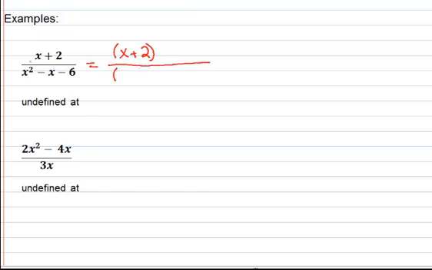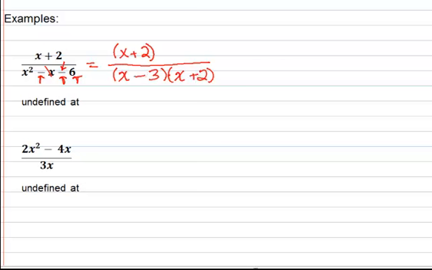And then I'm going to go ahead and factor the denominator. And of course that's x and x. And we're looking at the factors of 6 that subtract to 1. So again, that's 3 and 2. Signs are different. Bigger product is negative.